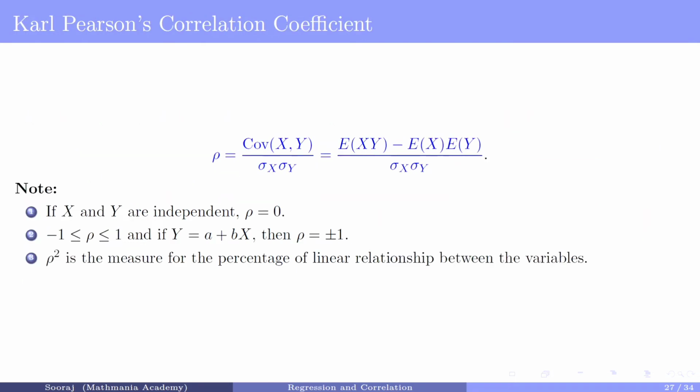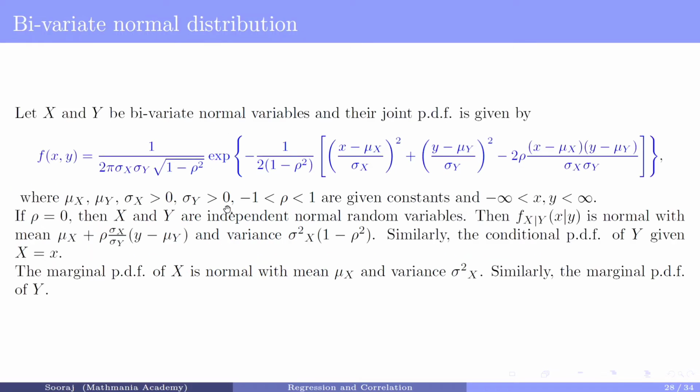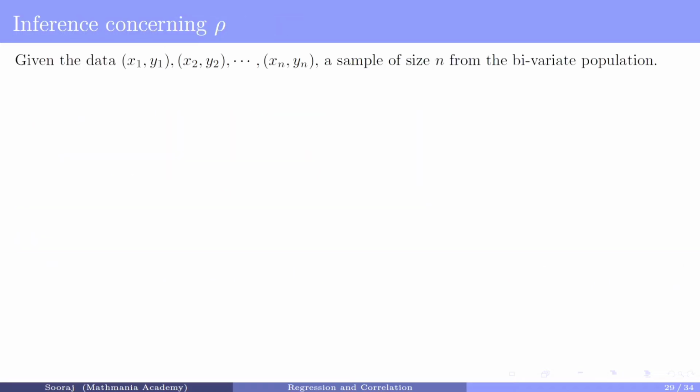And we might have seen in our usual probability theory that rho appears in the density of bivariate normal variables, right? So the rho appearing there is the correlation coefficient between those two variables that we are interested in.